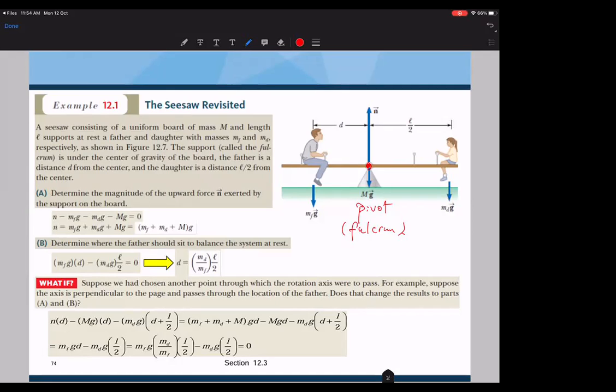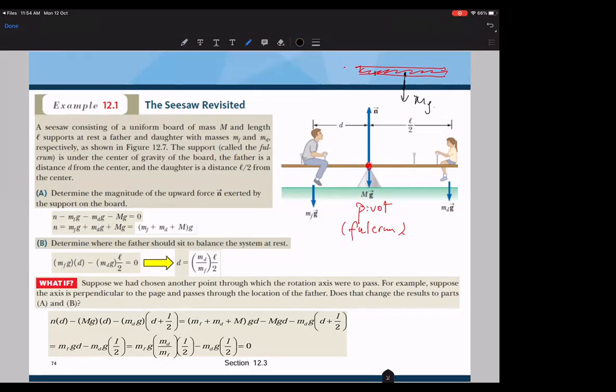The force diagram involves basically the wooden board here, and it would be under the action of some forces. For example, the weight of the board itself, so that is a large Mg.